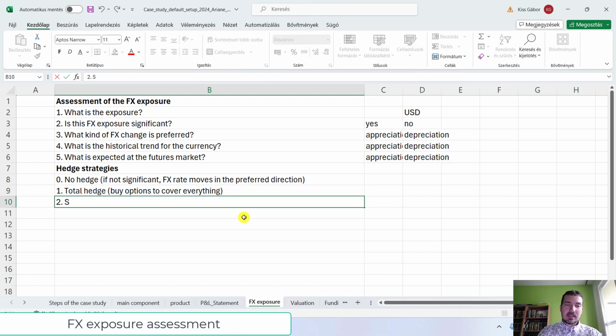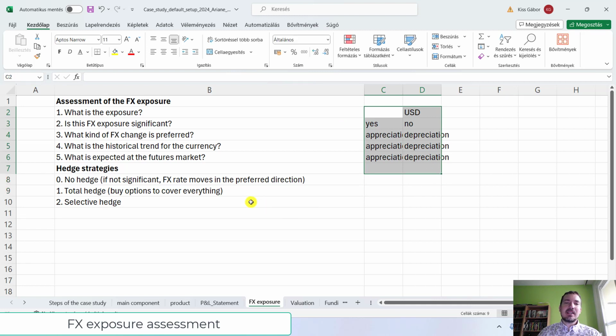Or we can do a selective hedge, which is much more dynamic because in this case, at the beginning of the year we are checking the market and what is happening here. Can we see higher volatility? What is the nature of the business here? We are going through all of this again, and then we can decide.